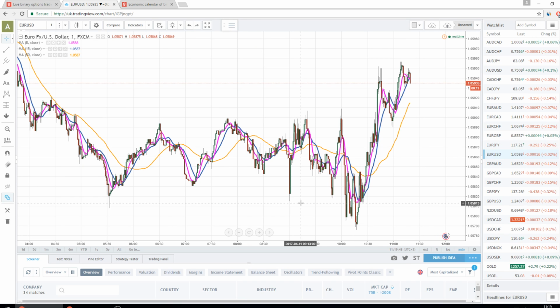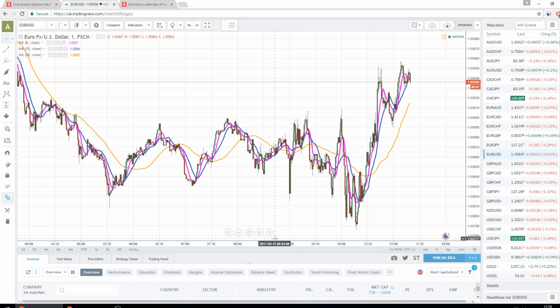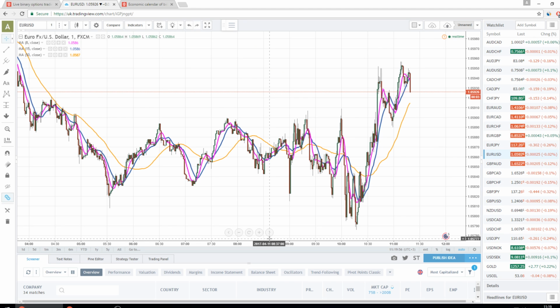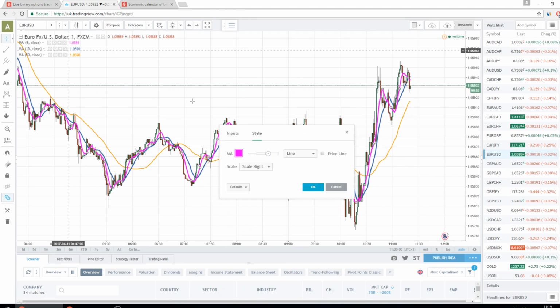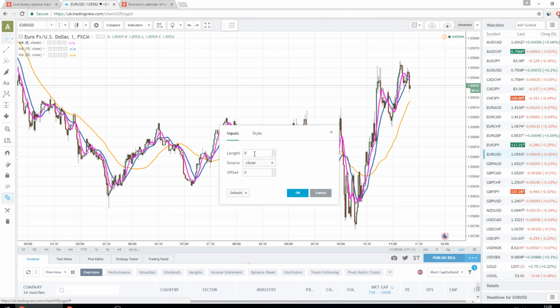So 2 of them are pretty short, and one of them includes 50 candles. Basically we can even use a different approach, like to start not with 8 but 15.